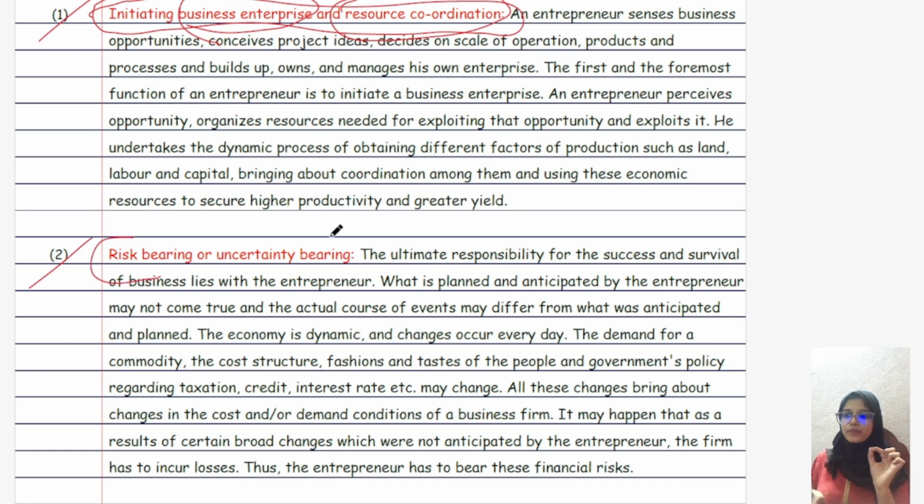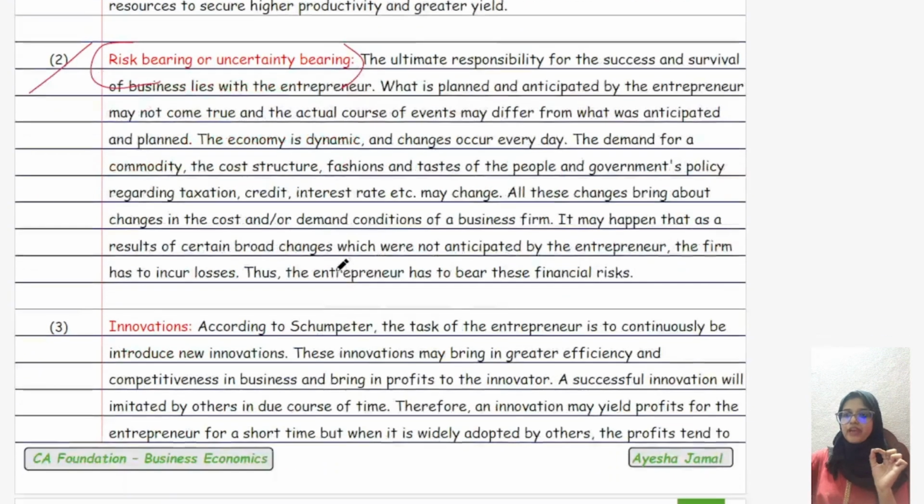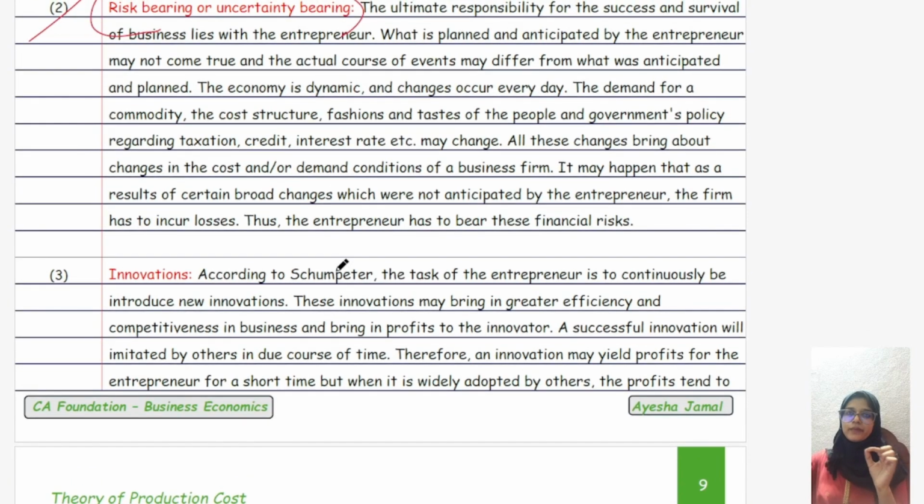Next, we have risk bearing or uncertainty bearing. Yes, every business has a lot of uncertainty. See, risk does not only mean a natural risk, but we also have financial risk. You have taken a loan from the bank, and tomorrow, who knows, the interest rates may go very high, or if the budget is introduced tomorrow, our taxation system may change and the tax rates may change.